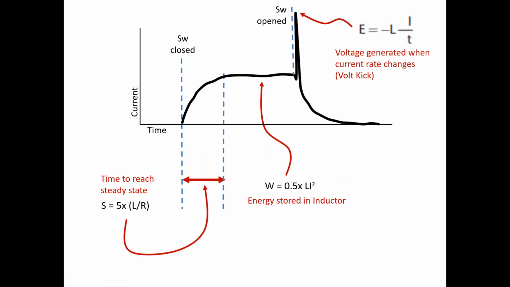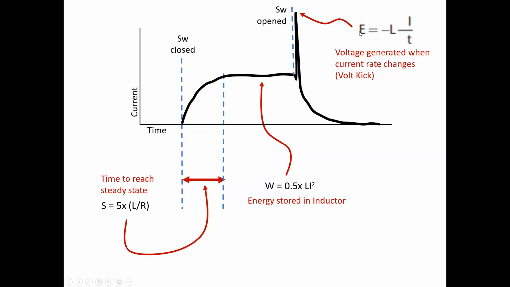I've included it on this graph because if we were to calculate the voltage produced here, there's going to be a really high spike in current, which would cause a high spike in voltage. The energy stored in the inductor as joules of electromagnetic energy will be released when the switch is opened.